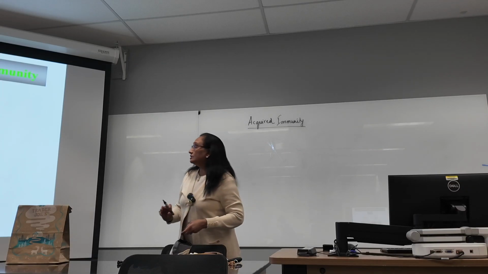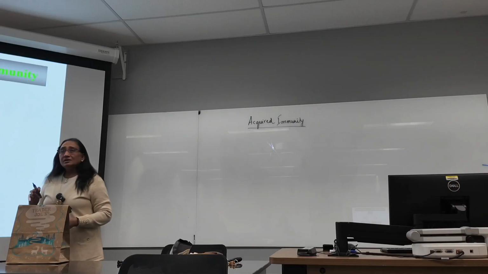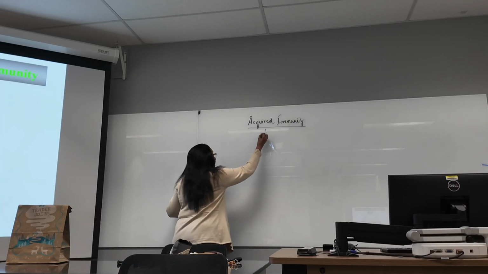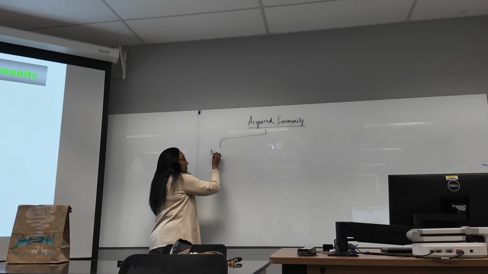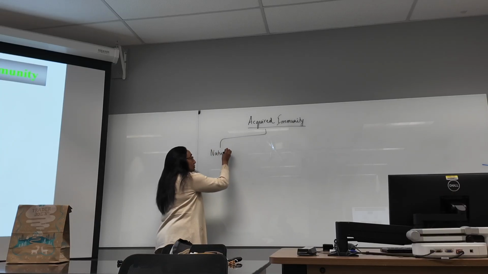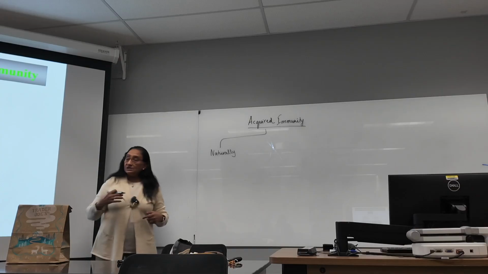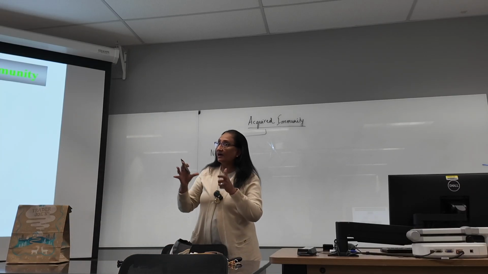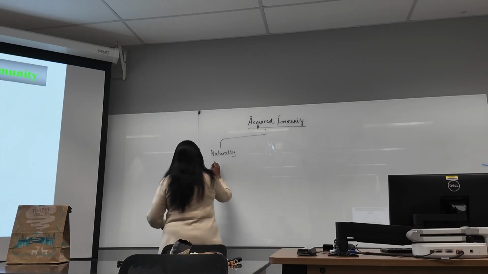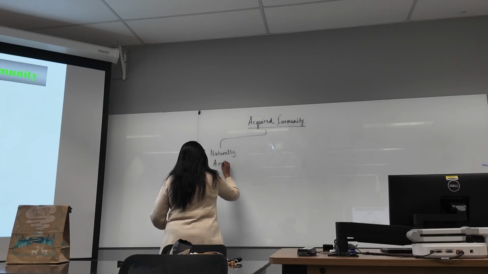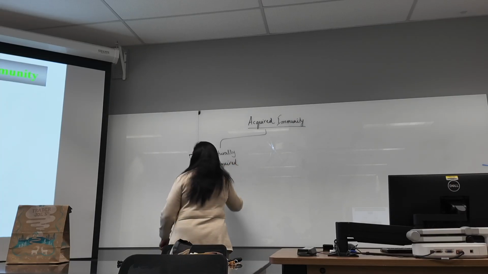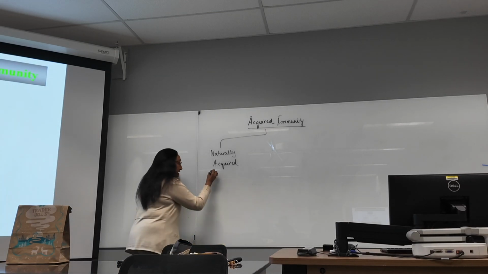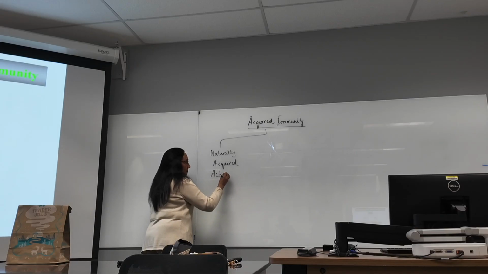So, acquired immunity used to be naturally acquired. When we say naturally acquired, what does that mean? That means the person has to get the infection, suffer through the disease, and then once they recover, they have immunity against it. So, it is called naturally acquired immunity. Naturally acquired active immunity.